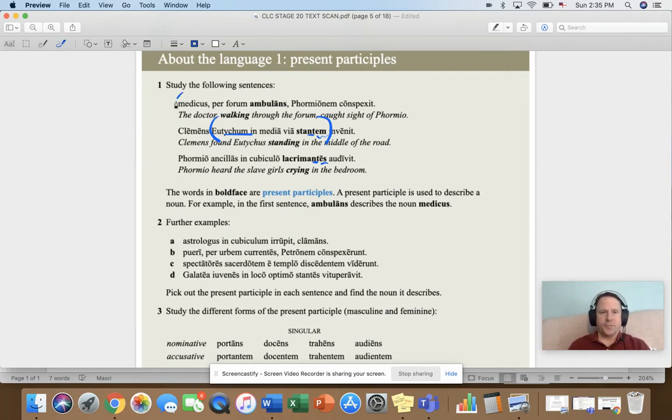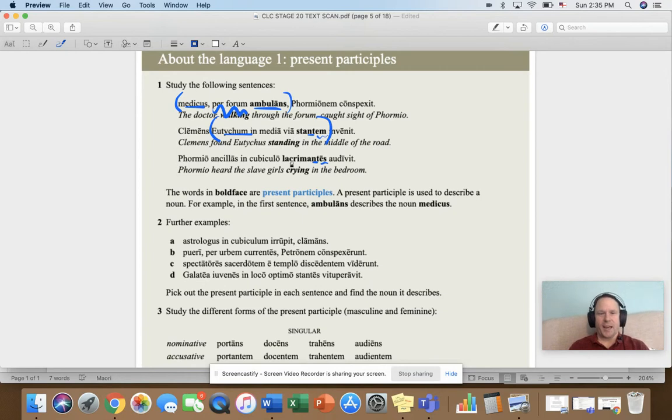I'll say too that in Latin, they do you a favor because you get what I call a participle sandwich. Okay, so you got the noun, you got the participle, and then you get some kind of junk in the middle, right? So it's like the two buns of a sandwich, and then whatever you've got there, turkey, cheese, ham, whatever you've got there in the middle. So I call this a participle sandwich.